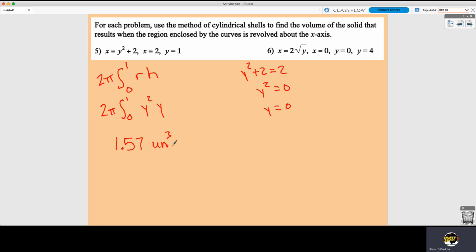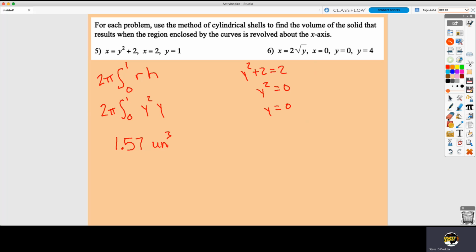All right. Any questions here? Go ahead and do the last one, and then we're good for today. It's just a different equation based on what they're asking us here.